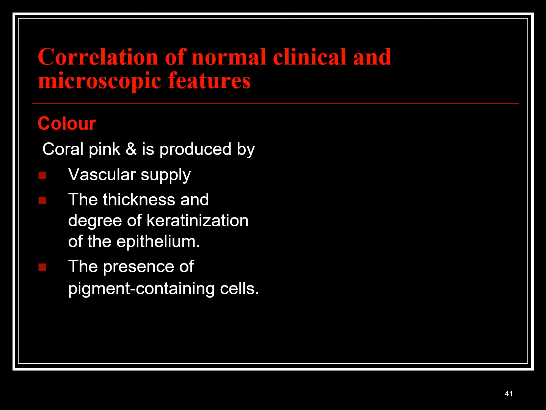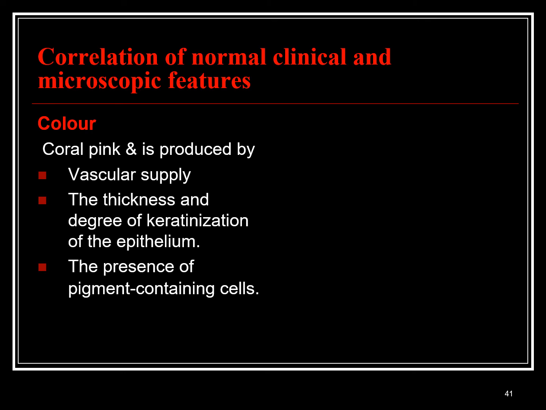First is the color. The color of gingiva reflects the clinical condition of gingiva. Normally, it is coral pink in color, which is because of the vascular supply, the thickness, the degree of keratinization, and presence of pigment-containing cells like melanocytes.